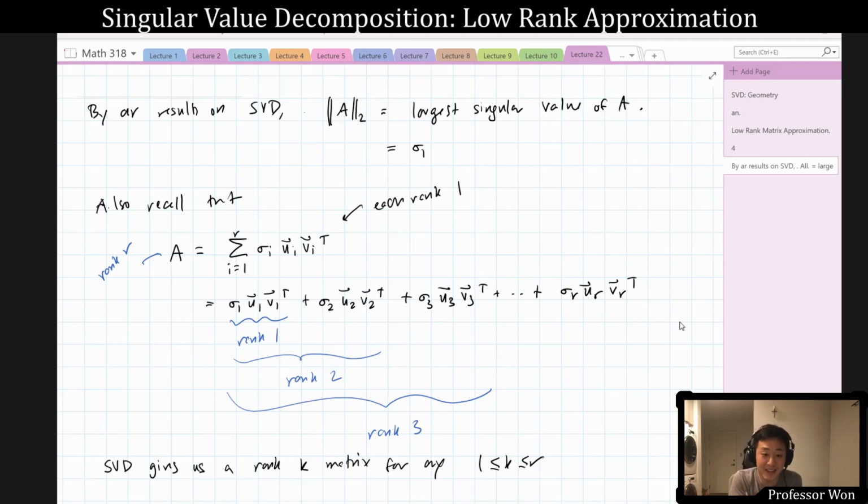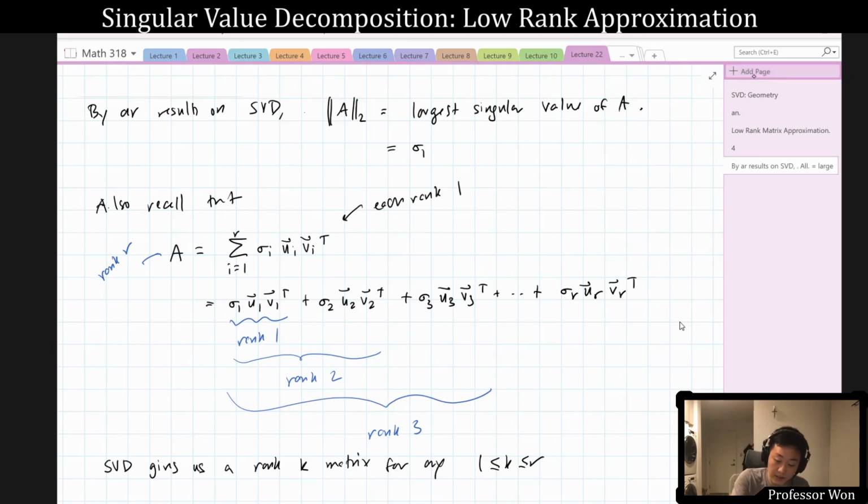I could take any combination of them, but I've chosen them from the front for a reason. The reason is that it turns out these will actually end up being the best rank K approximation for A. The best in what sense? The best in the sense that if you take the difference to A, you minimize the 2 norm of the difference. It's the closest in the 2 norm to A for each rank.